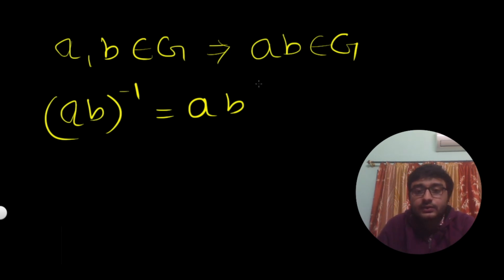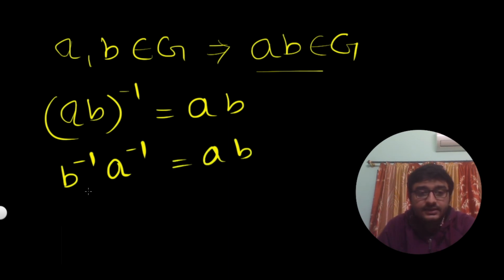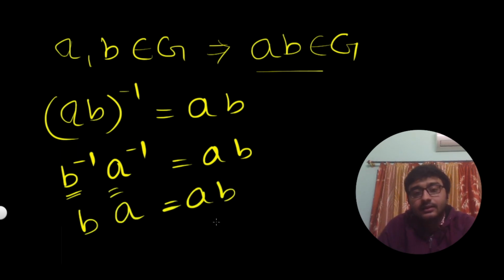So AB is also an element of G, so its order will be 2. That means AB inverse is equal to AB. Now just simplify it: B inverse A inverse, replace B inverse by B and A inverse by A, and you will get BA equals AB. This implies G is abelian.